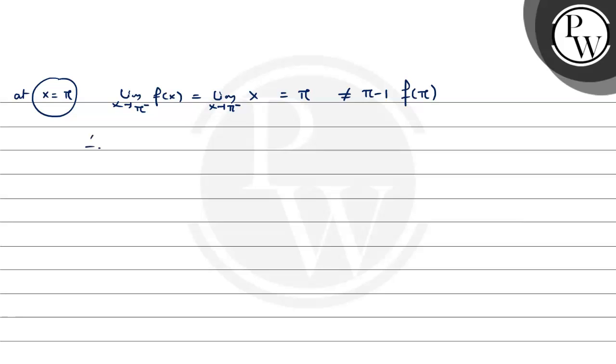Therefore function f(x) is discontinuous at x equals pi, and therefore not differentiable.